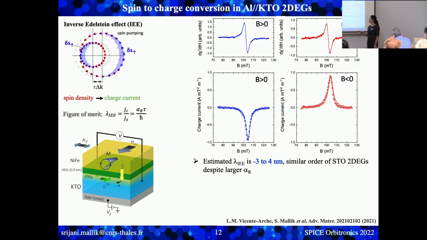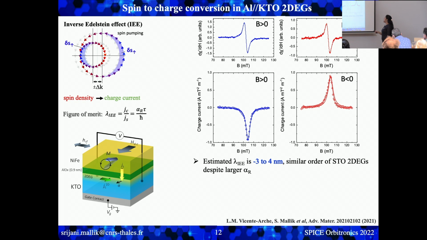So on top of aluminium oxide, now we have a permalloy layer, and this spin pumping measurement was actually carried out in the group of Laurent Vila in SpinTec Grenoble, and what we see is quite nice spin to charge conversion happening. We can see exactly at the ferromagnetic resonance, we see a very nice symmetric signal corresponding to the inverse Edelstein effect.